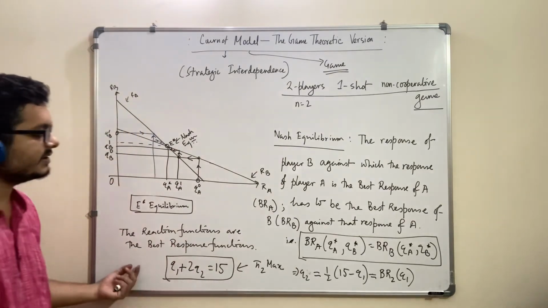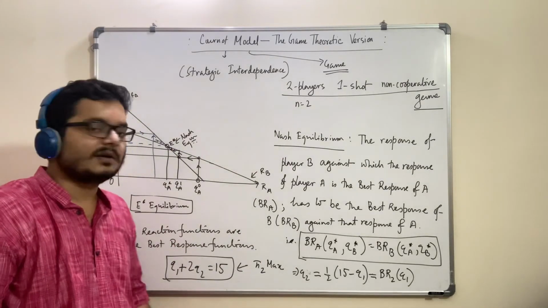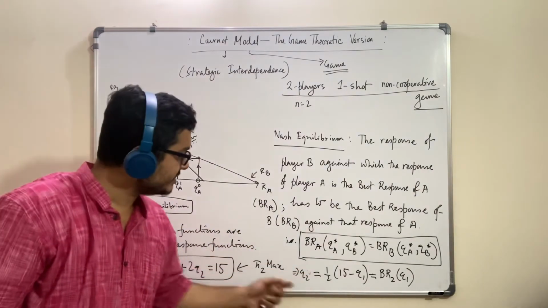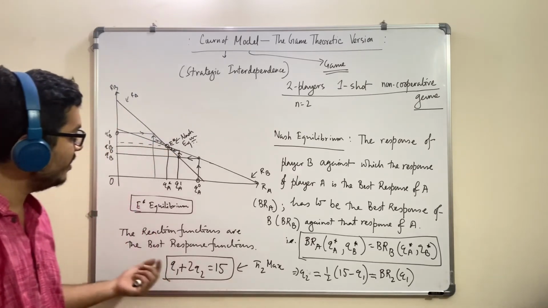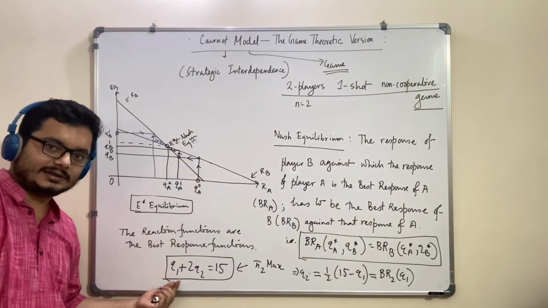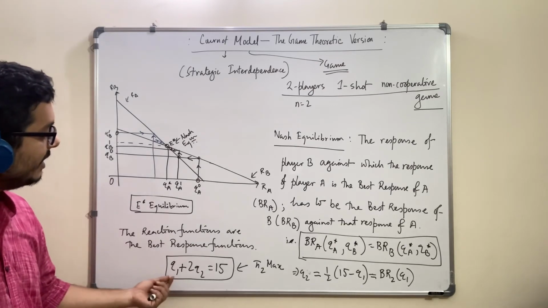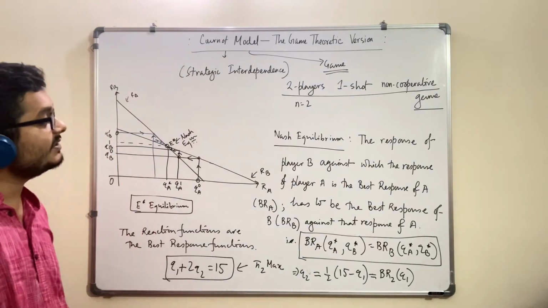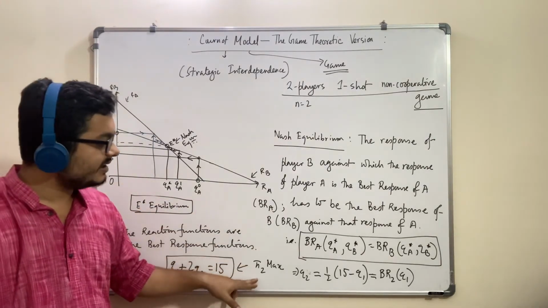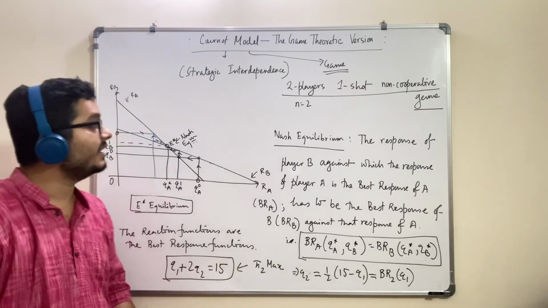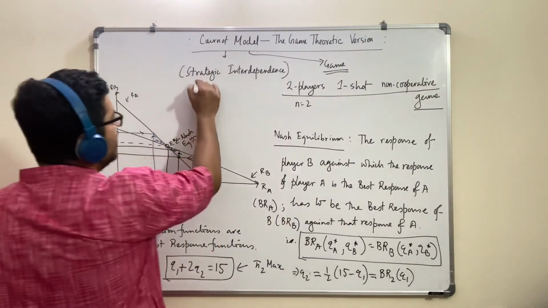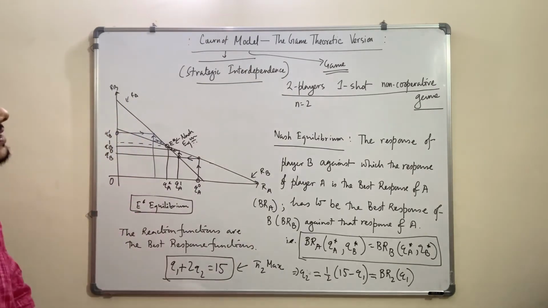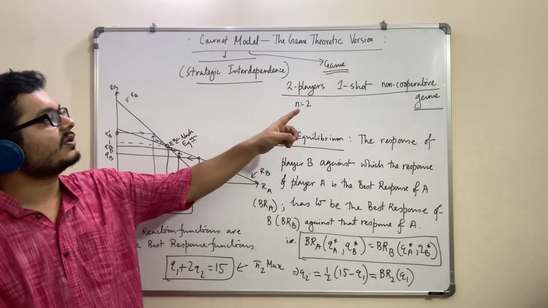You can take the other function and you can see that that can be interpreted as the best response of firm 1. But remember, these two functions come from the maximization problem. So we are looking at the reaction function of 2. We know this because it is coming from the profit maximization problem of firm 2. So as I said in the start, there is individual optimization obviously, but that is done in a strategic interdependent scenario. So we interpreted the Cournot model as the two-player one-shot non-cooperative game.